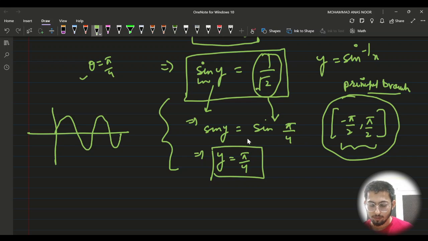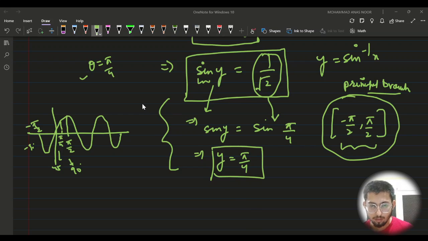So pi by 4 is between minus pi by 2 and pi by 2. 45 will be somewhere here, isn't it? Pi by 4 is 45, pi by 2 is 90, so it is between minus 90 and 90. That is how we do it.